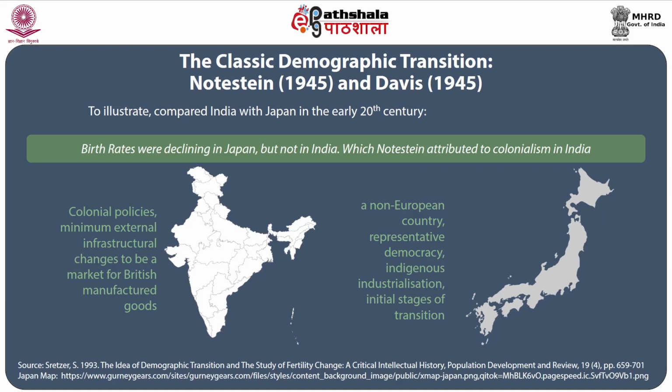In the case of Japan, he analyzed that it is a non-European country, a representative democracy exists, with indigenous industrialization, in the initial stages of transition. So, both have led to reduced death rates, but birth rates in Japan have reduced, not in India, which Notestein attributed to colonialism as a major contributory factor.